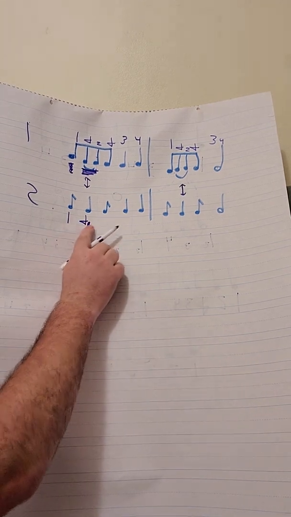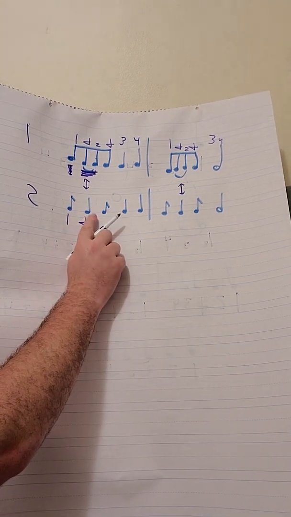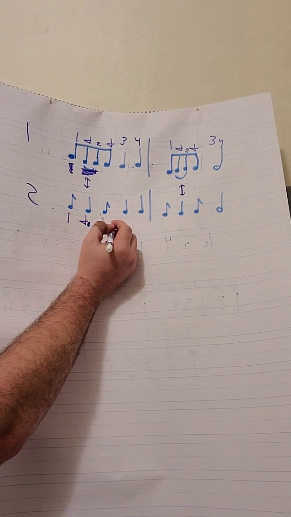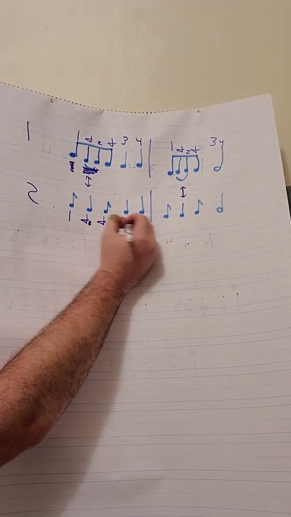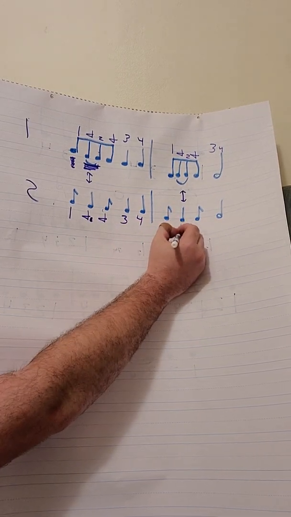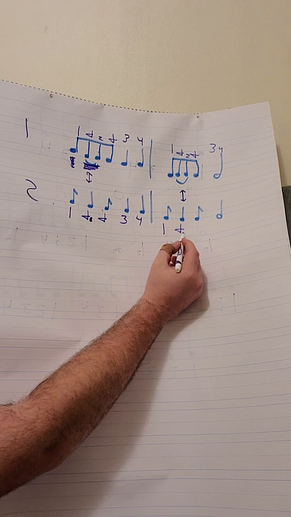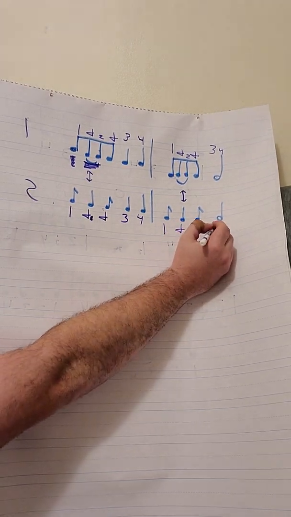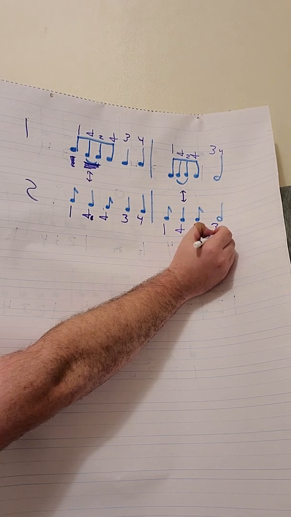So one and, but we know two is in here, so that next eighth note has to get an and count two, and then 3, 4. Again over here, big one, big and. There would be a small two here, but we're not going to put it, and then a big 3, and a little 4.